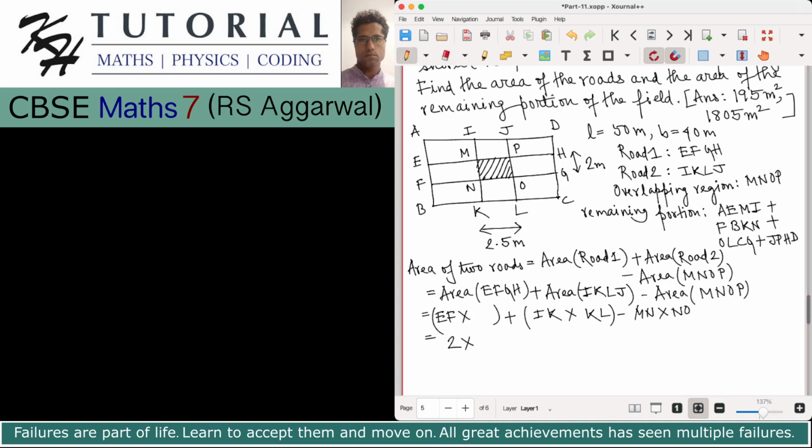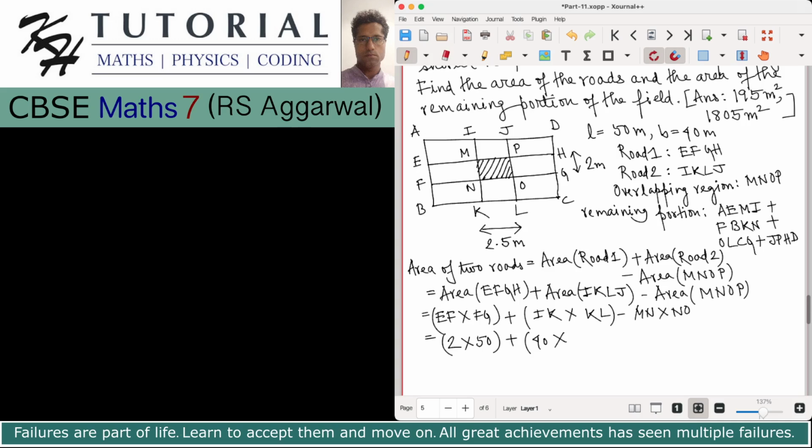FG is the length of the lawn, which is 50, plus IK multiplied by KL. IK is the breadth of the lawn, which is 40, multiplied by KL.